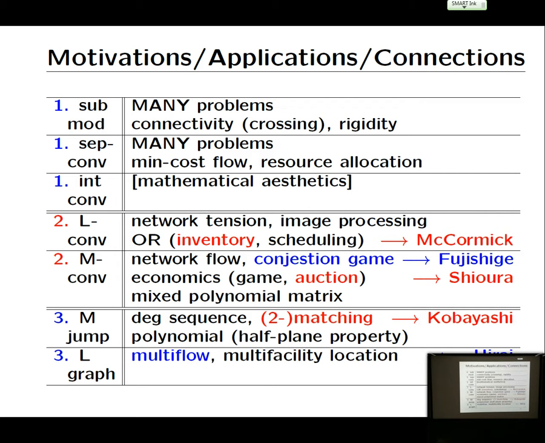So here is a list of motivations, applications, and connections to other fields. For submodular functions, you have many applications in your mind. But here I just mention that to deal with connectivity problems in graphs, we do need crossing submodular functions. But crossing submodular, this type of variation, is not really captured in discrete convex analysis. Or rigidity. Also, yesterday we heard about this. It is not really a submodular function, but it has some small variations.